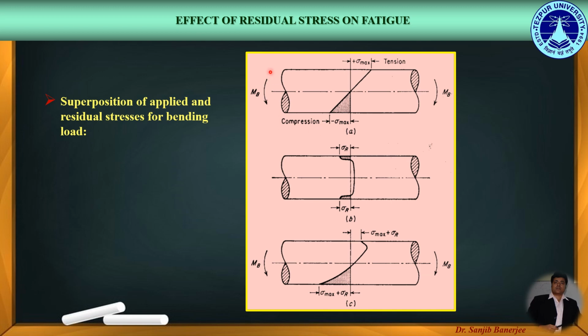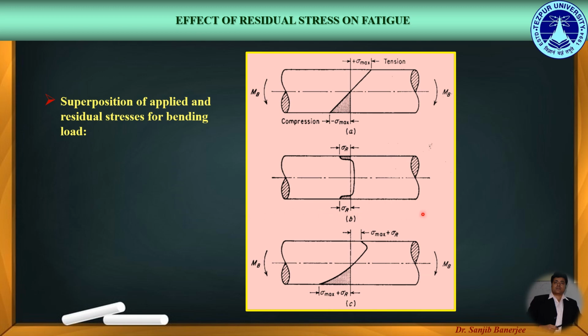Now, due to this bending moment, the upper surface of the beam is having a tensile stress of plus sigma max, while the lower surface of the beam is having a compressive stress of minus sigma max.